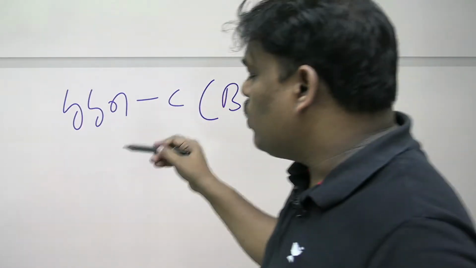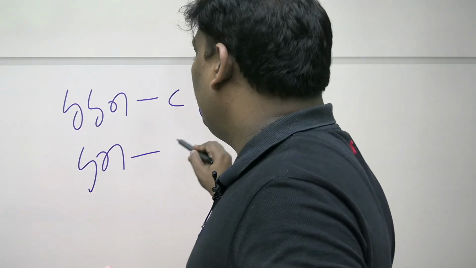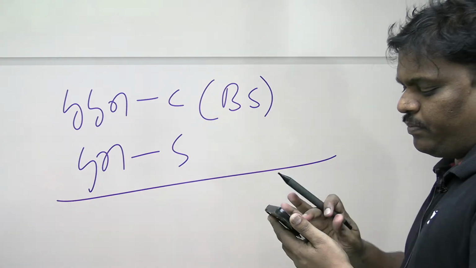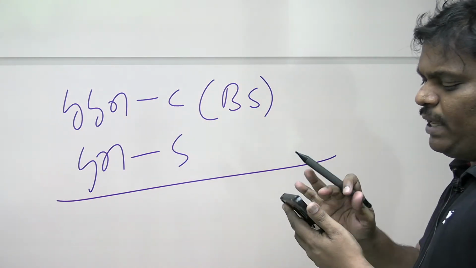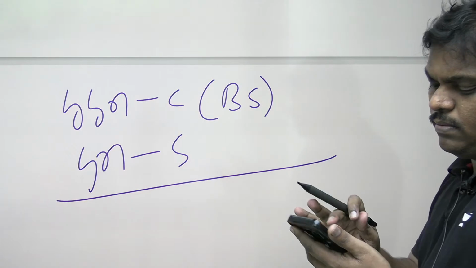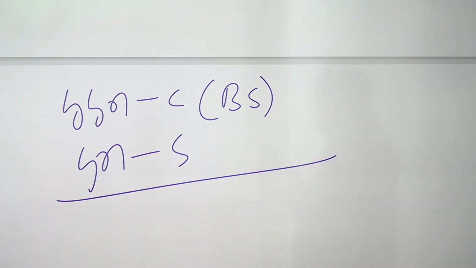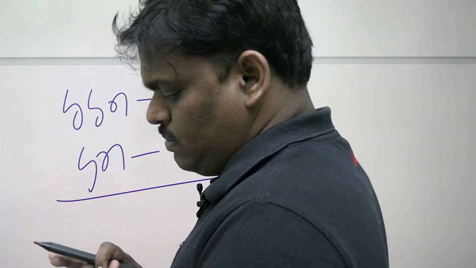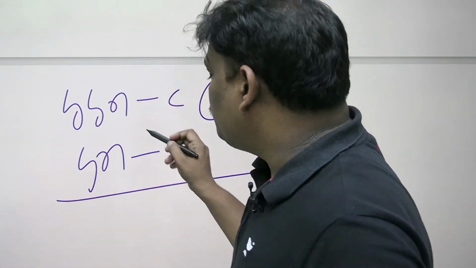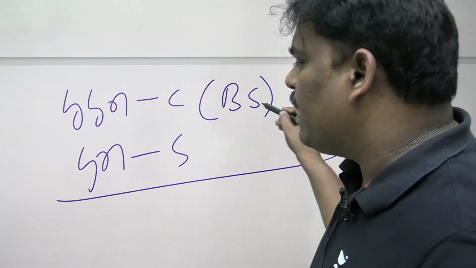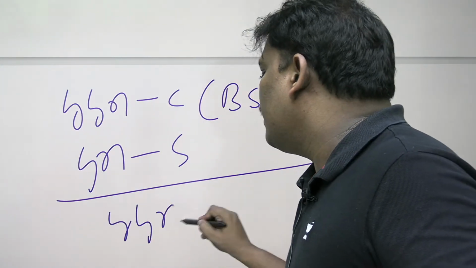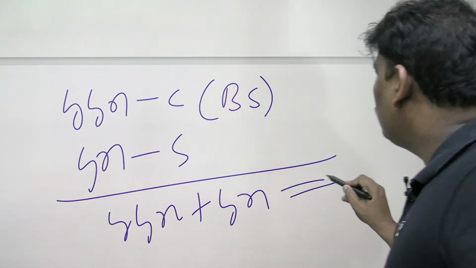Log n comparisons okay, but swaps are log n. Log n swaps. Swaps you cannot do with binary search. Log n comparisons, log n swaps, totally log n plus log n, which will go to log n.